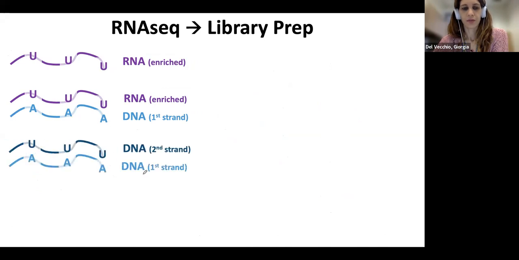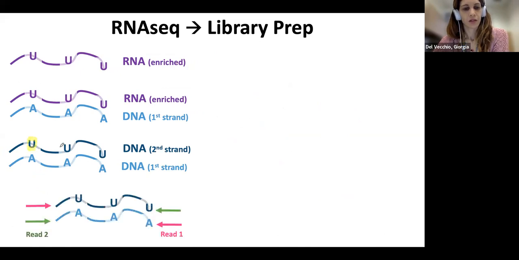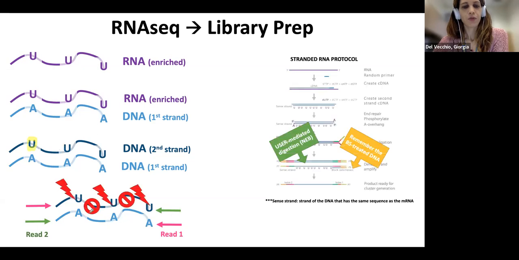And next, we perform the second strand synthesis adding the uracils, okay? So if we remove this second strand that does contain the uracil, we will only have reads coming from the first strand, okay?